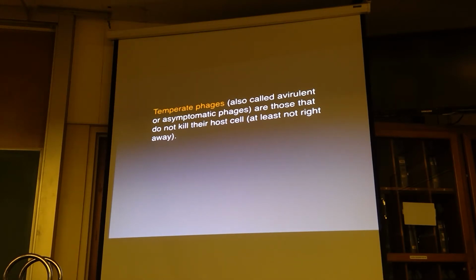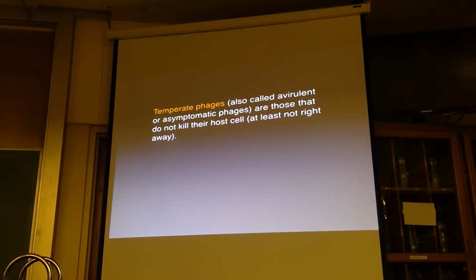The next variation on the theme is the temperate bacteriophage. And as I said, temperate, also called avirulent. A means without. So if it's without virulence, again, you have to think from a bacterial perspective. That means it's not going to cause any damage to the bacterial cell. It's avirulent. It's not going to cause disease to the bacteria, or asymptomatic.